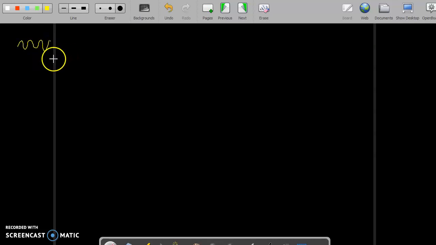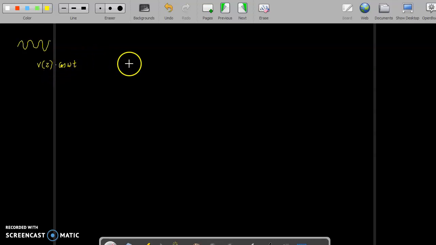Taking voltage as a function of z, V of z, this can be expressed as V of z times sin omega t or cos omega t. Let us take it as cos omega t.